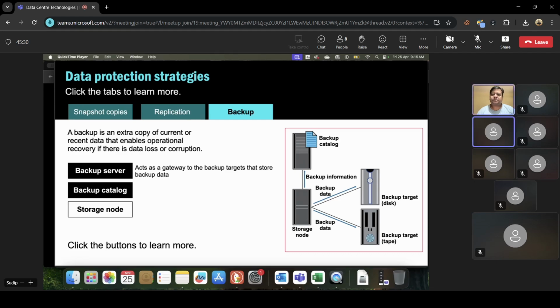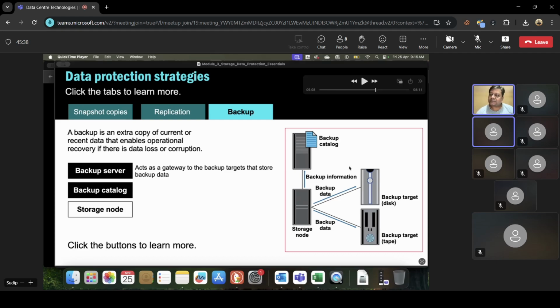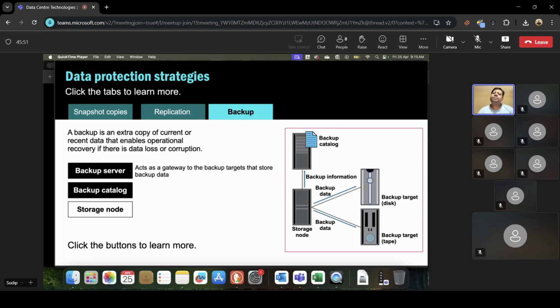So what about data corruption, sir? In where? Inside backup or inside storage? In backup, sir. Good question. Since backup is also using a similar kind of storage mechanism, there is a possibility of data corruption in backup also.